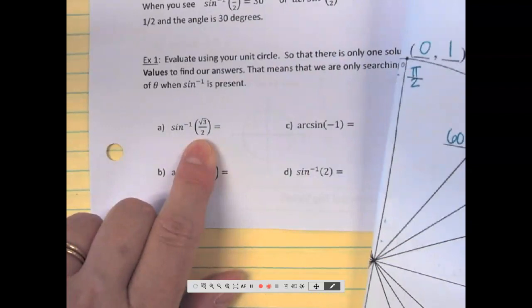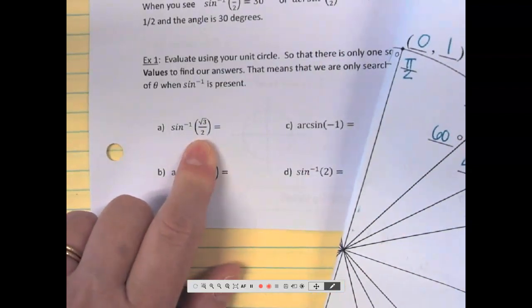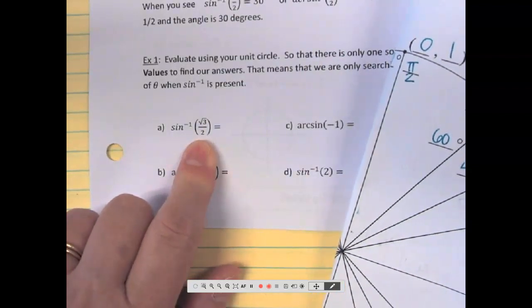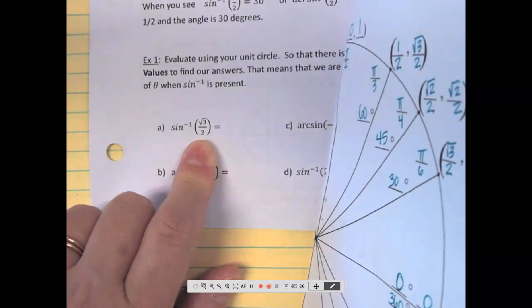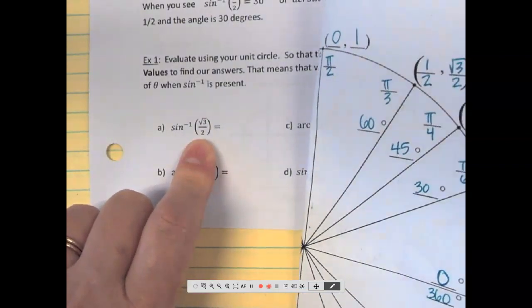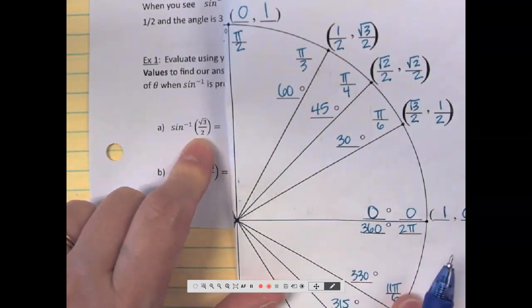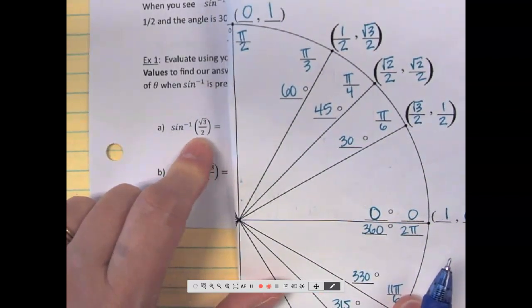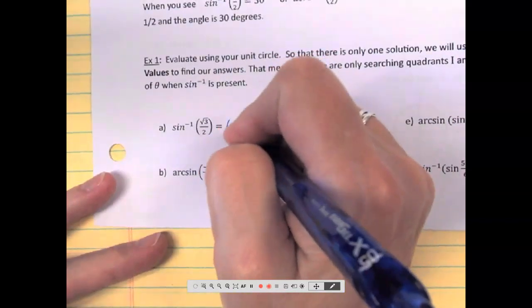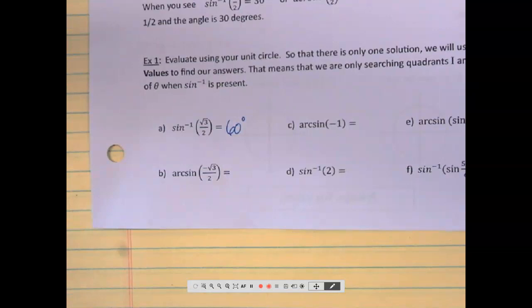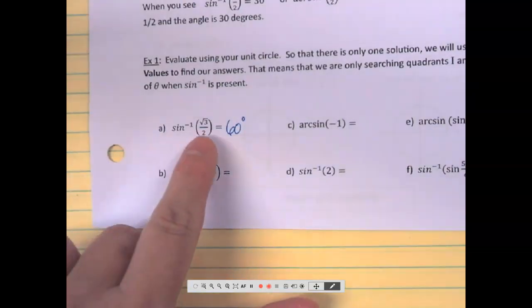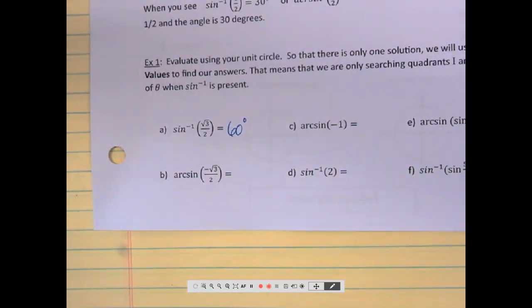If it is a positive number, which quadrant is it going to come from? 1 or 4? 1. Everything's positive in quadrant 1. So we're looking in quadrant 1. Do you see an angle whose sine is square root of 3 over 2? 60 degrees. So that's what that statement means. There's an angle whose sine is square root of 3 over 2. The angle is 60 degrees.